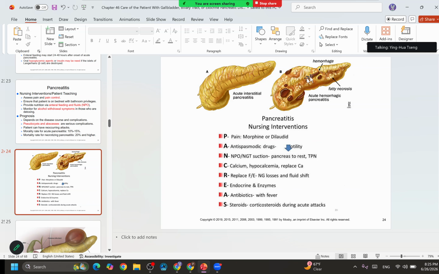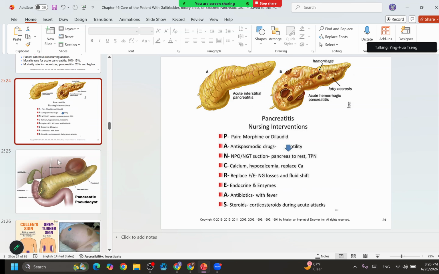If this pancreas is not working anymore, it is not going to release the enzymes again, like the three enzymes, amylase, lipase, and also protease. It's not going to release them later if the pancreas is not functioning at all. So that's why we have to give the enzyme later. Antibiotic for the fever, yes, and also steroid, okay, for support.